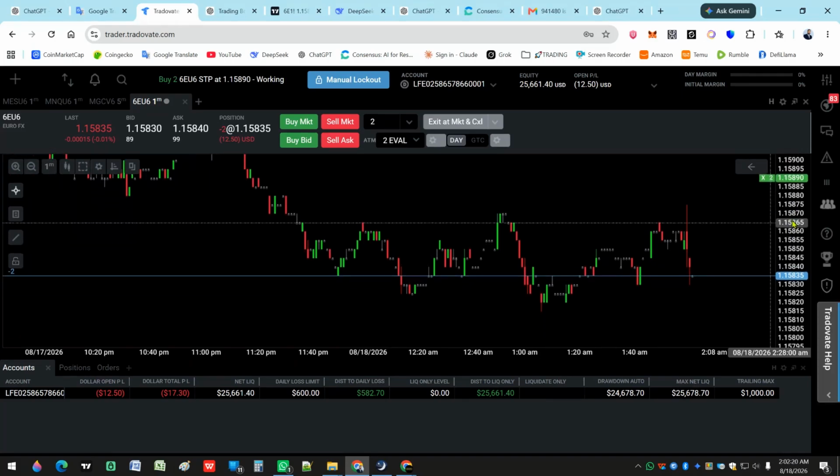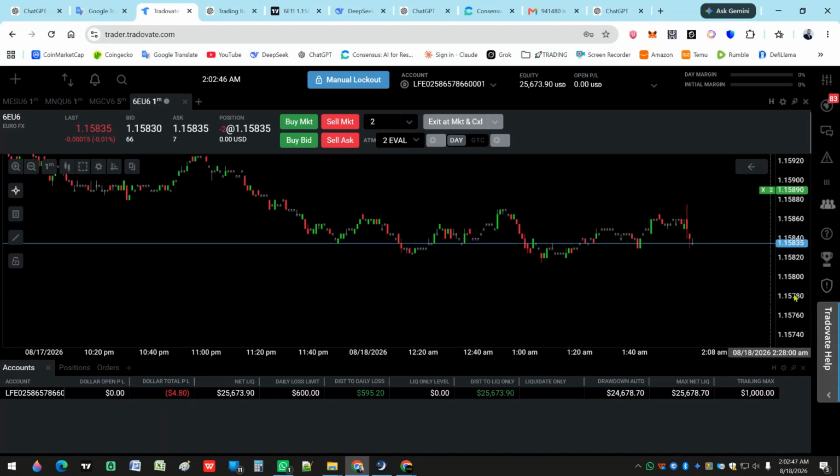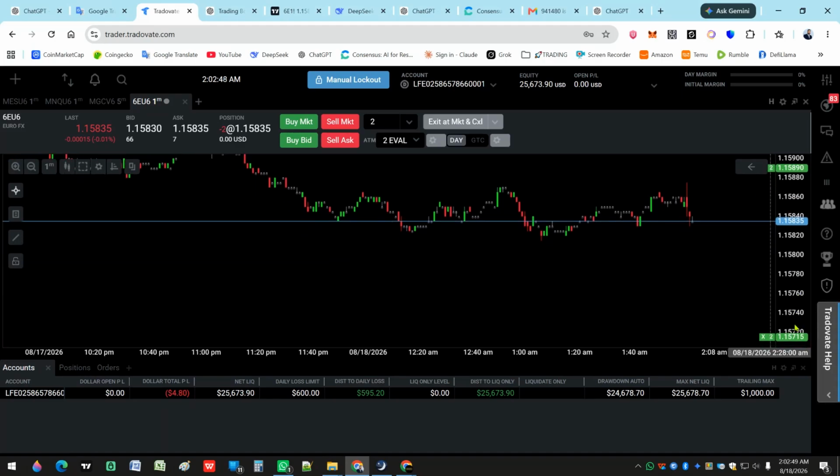Perfect. That is the stop loss. 15,890. Stop loss. 15,890. Let's go to the target. The target will be 15,790.